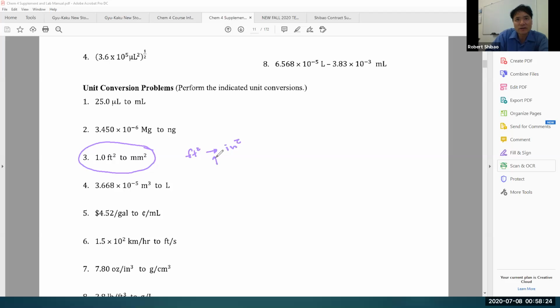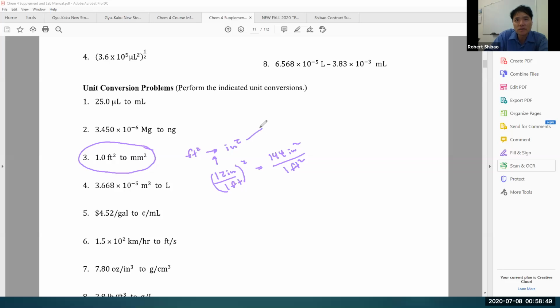And so the conversion factor that we use to convert square feet into square inches is this. There are 12 inches in 1 foot. And so if we square this whole thing, then what that says is that there are 144 square inches in every square foot. Okay. And so we'd use that, or we could just do 12 squared, it's fine.